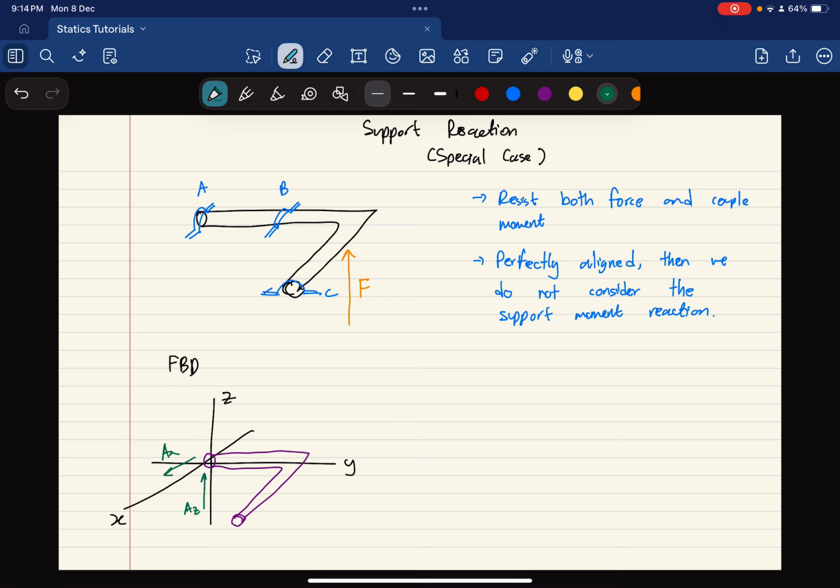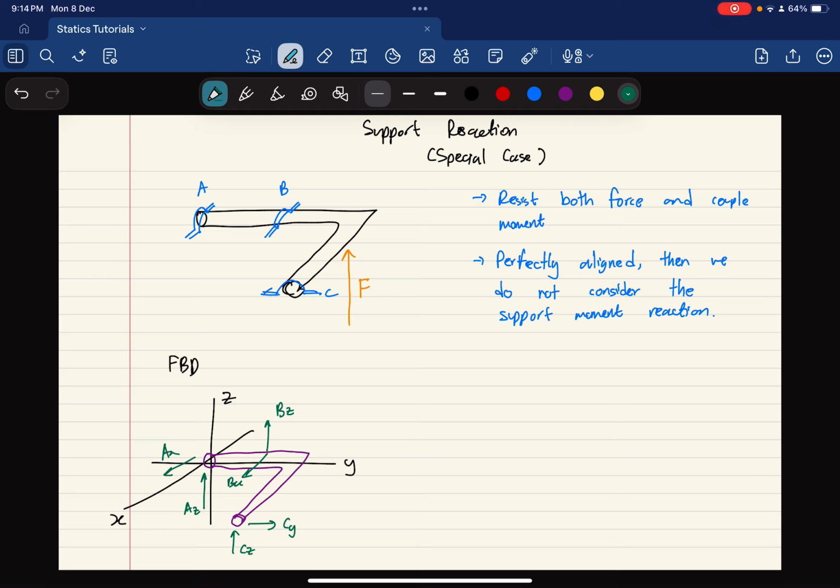For journal bearing B, same thing. We also have here BZ and BX. It cannot move. And then for journal bearing C, we have CY and CZ.